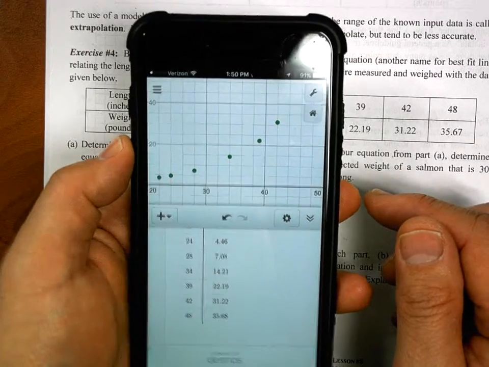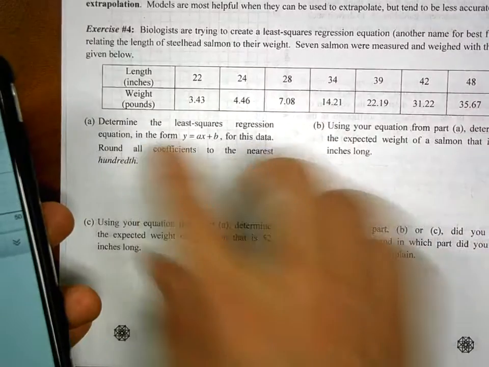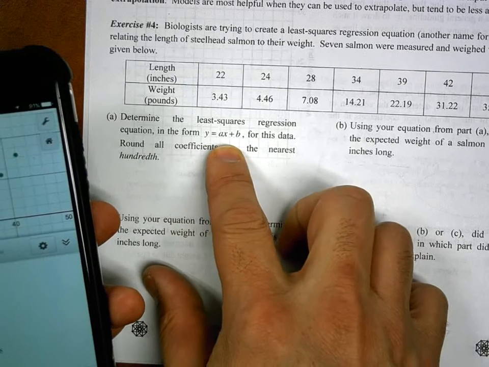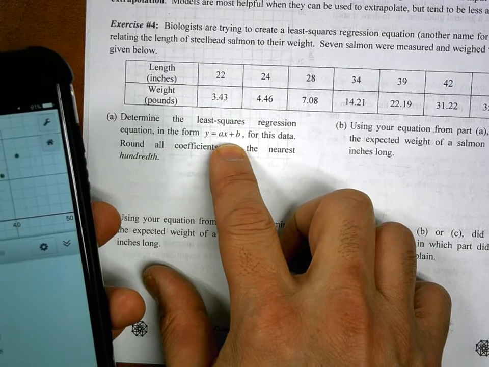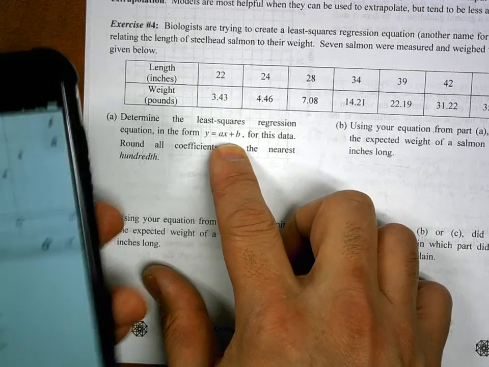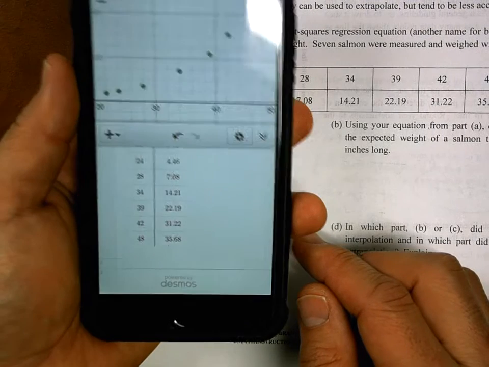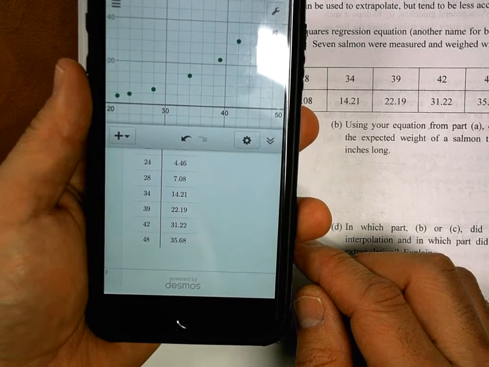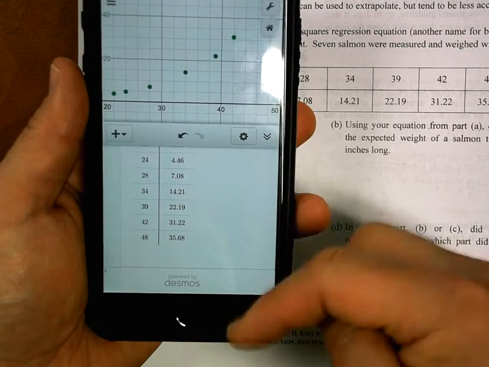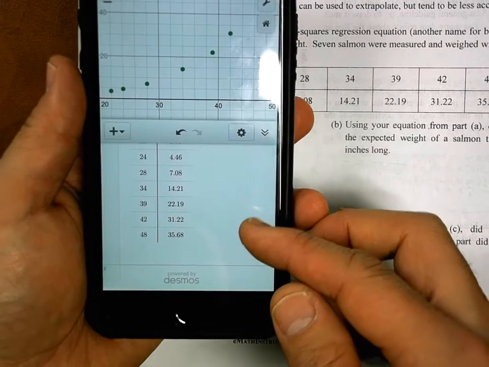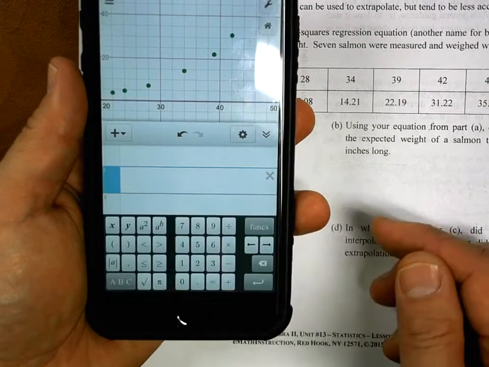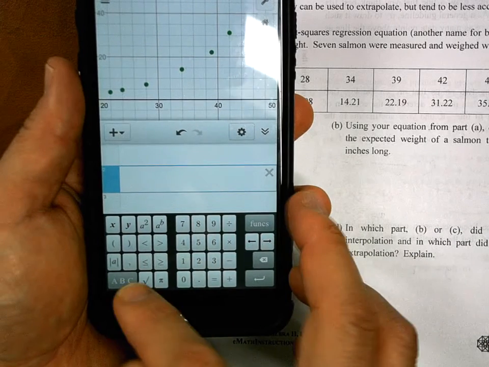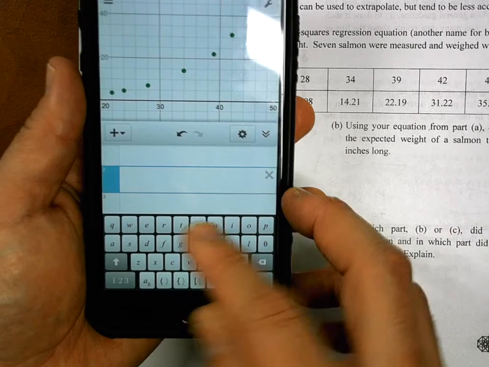Okay, so A, let's find the equation. All right, so how do we find the equation of the line of best fit? What do we push? How do I get there? Okay, y equals mx plus b. Just touch the next line. There we go. So do I type just y?